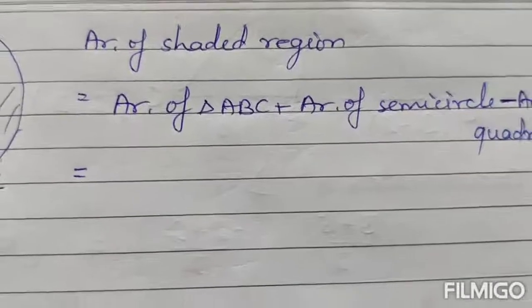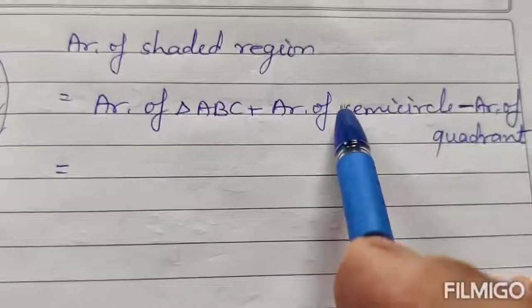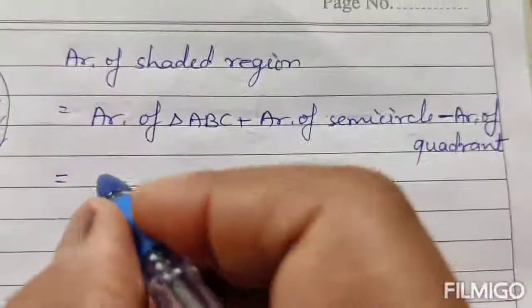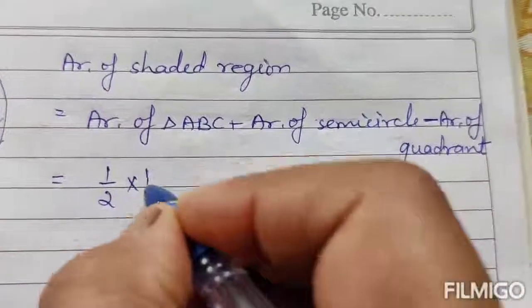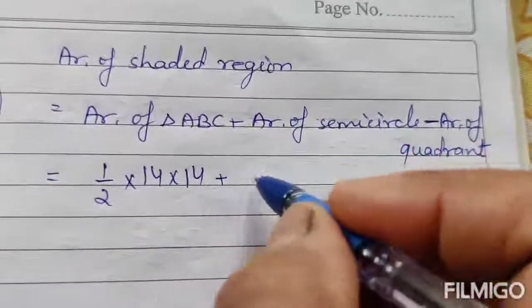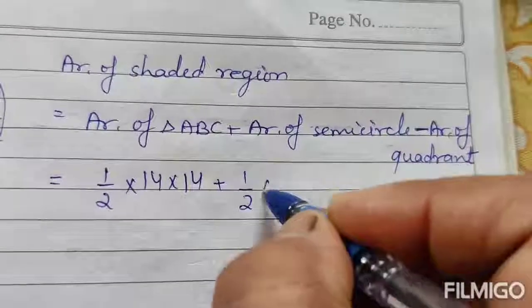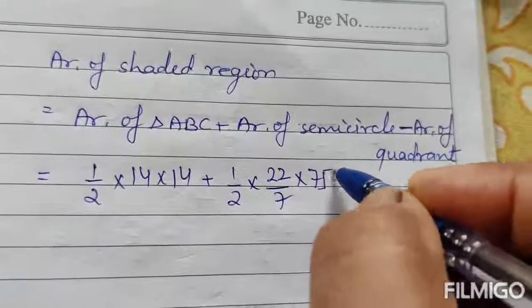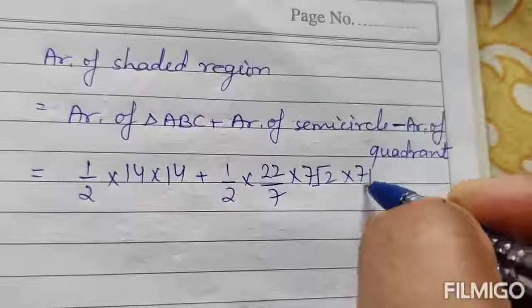Area of shaded region equal to area of triangle plus area of semicircle minus area of quadrant. Area of triangle equal to 1 by 2 base into height, both are 14. Area of semicircle means 1 by 2 pi r square, r is 7 root 2 into 7 root 2.